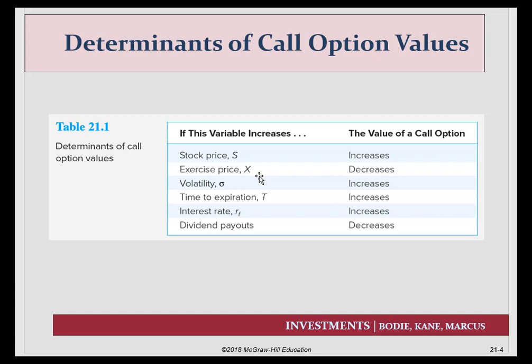This says if the variable increases, just because we're keeping them all the same. But think about it, the longer the time that you have for your opportunity to bear fruit, to become profitable, the better the chance is that it will happen. So if time to maturity is longer, that means the option is going to have greater value.